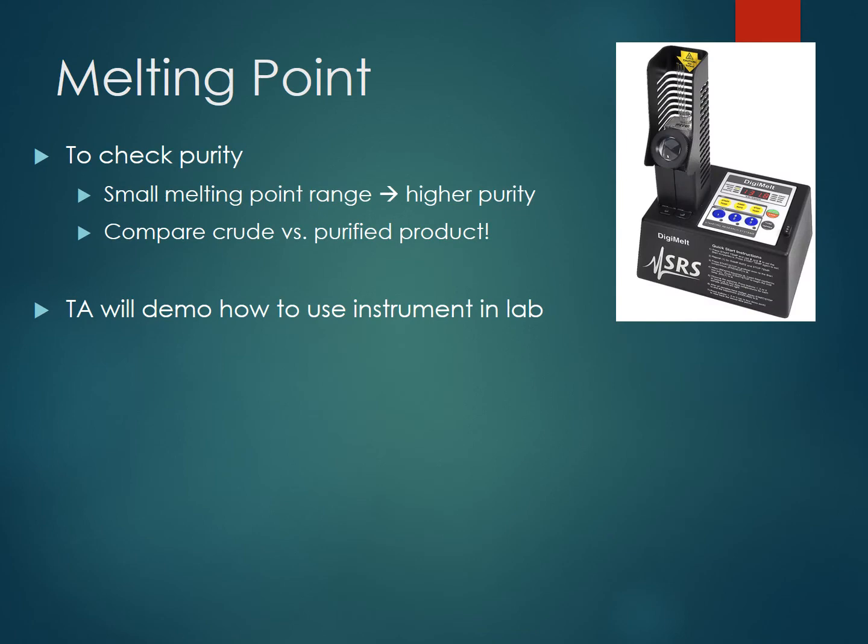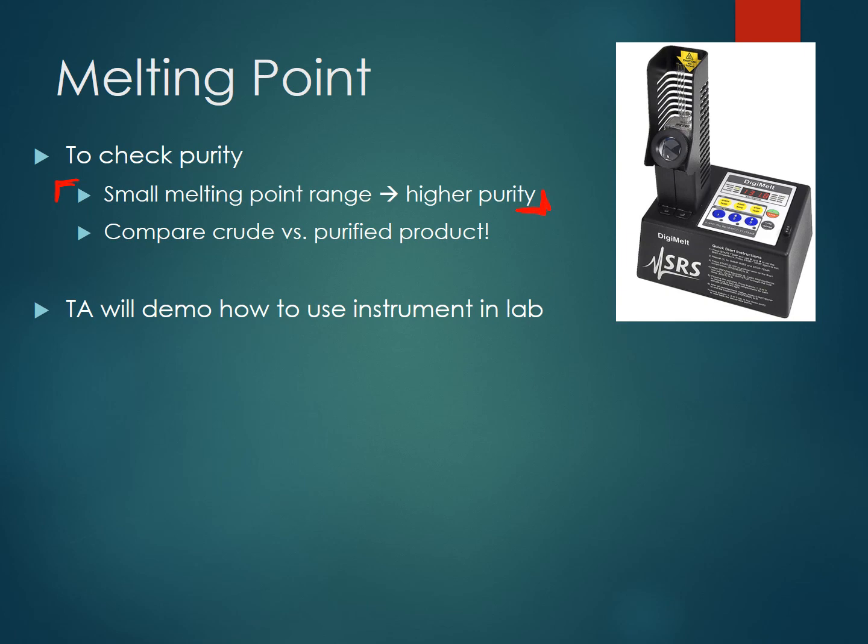We will be using melting point as one of the techniques to test purity for compounds. And there's a picture of the melting point instruments there on the right-hand side. There's a couple of points that I want to make about melting point itself. The smaller your melting point range, that usually is an indication of higher purity.